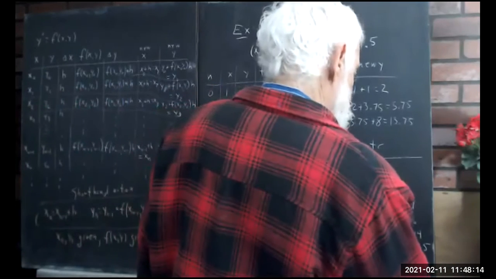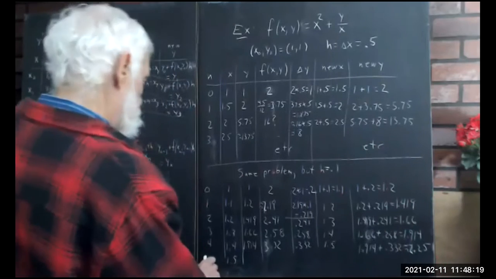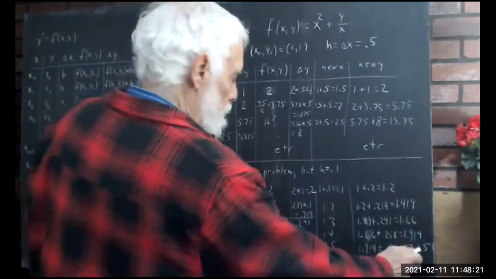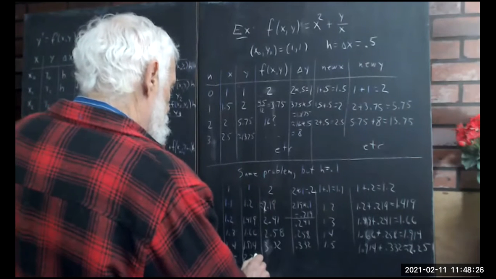I keep being careless with that, but it doesn't make sense, so it's easy to find when you do it. So we're going to have 2.25 here.